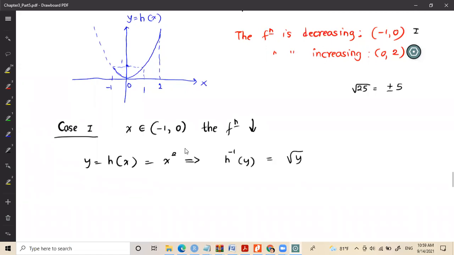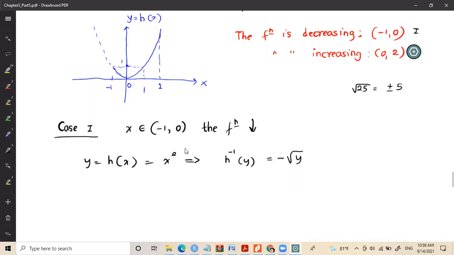Therefore, you always consider plus or minus. So here also, when you take the inverse function, you consider plus or minus, and the minus part goes with the decreasing function. That is obvious, right? The decreasing part goes with the negative square root part, and the increasing part goes with the positive square root part. So that is how you incorporate this sign, plus or minus.